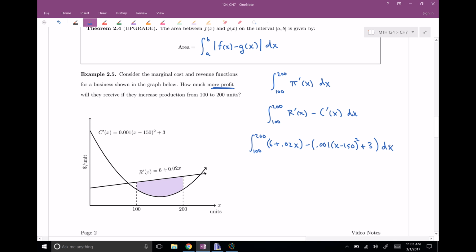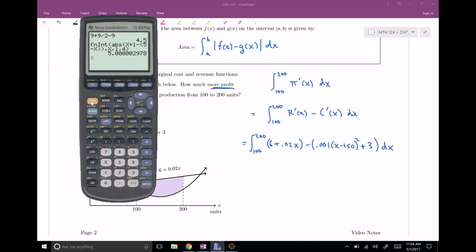Close parentheses, dx. In this case, let me actually use my calculator to evaluate this. You can notice that we're safe, right? The R prime of x is on top. The revenue is the bigger function than the marginal cost on this entire interval, so you don't have to worry about absolute values or anything like this.